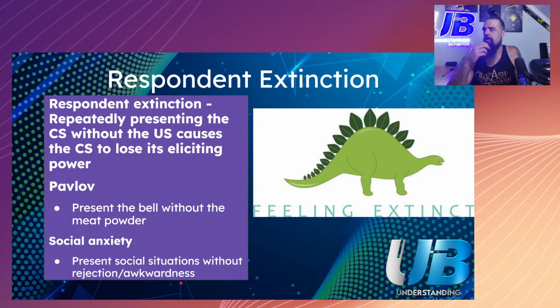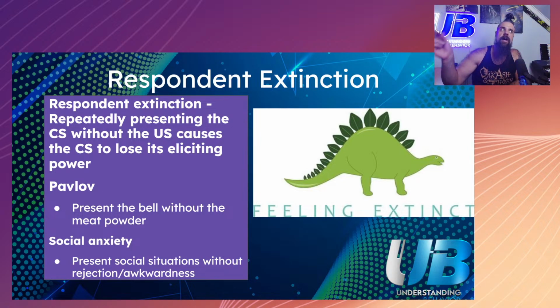If we force ourselves into situations and start having more positive experiences and fewer rejection experiences, then the social situations are not going to cause that fear response as much, or that activation syndrome. So again, we want to repeatedly present our CS without the US, and that's going to cause the CS to lose its power.